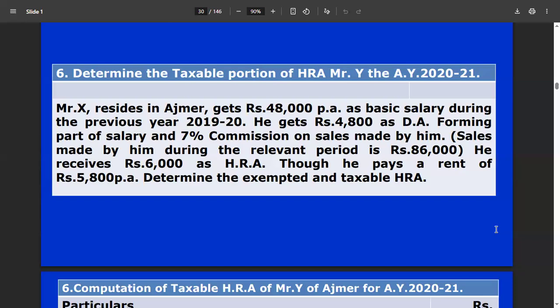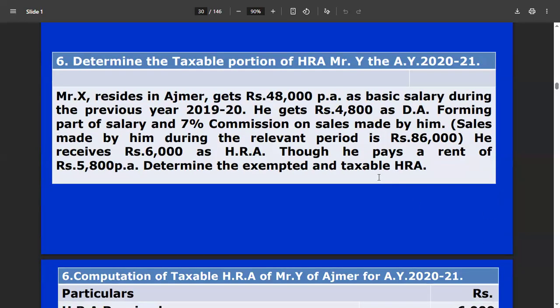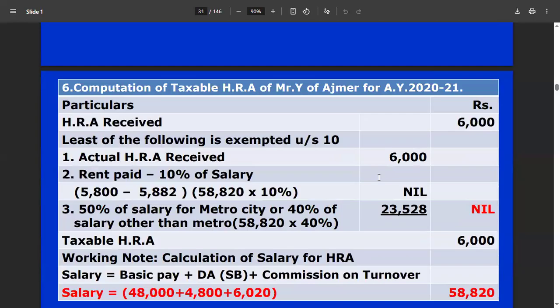So his total salary will be 48,000 plus 4,800 plus 7% commission on sales. He receives HRA of 6,000 and he pays the rent of 5,800. So he has to work in a similar way. HRA received is 6,000.